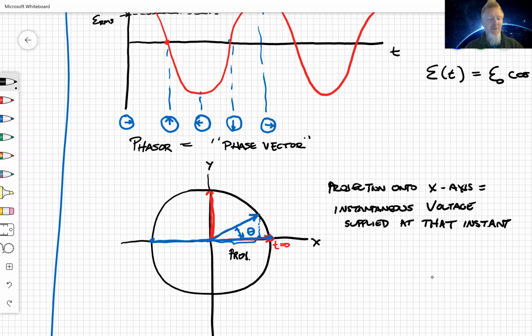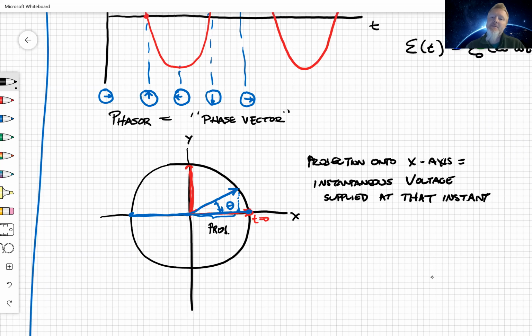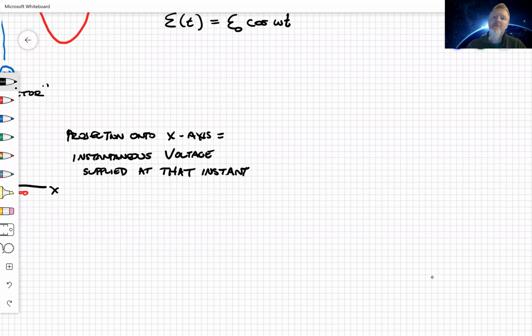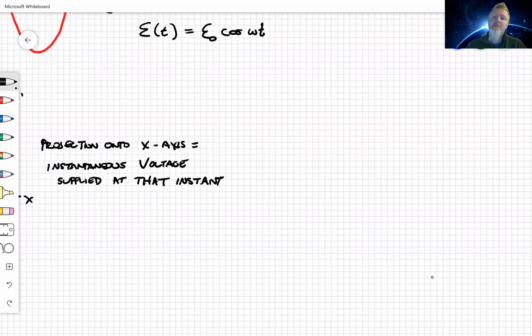Okay, so what I want to do is take a look at a circuit now, a circuit with an AC source. Let's just make it resistive.